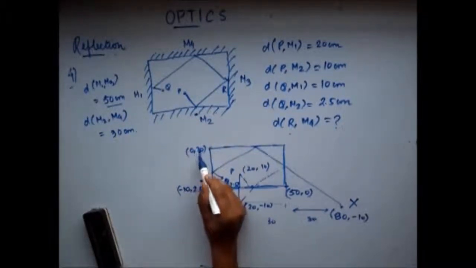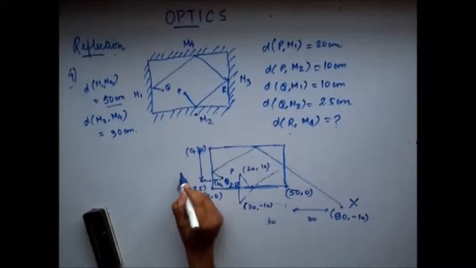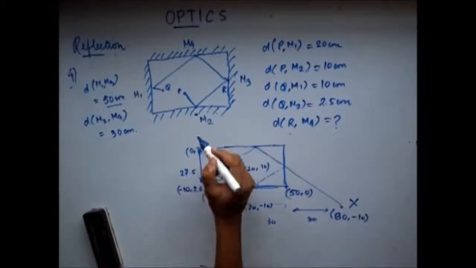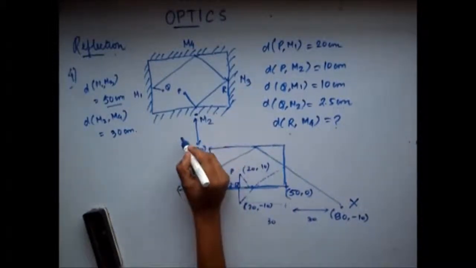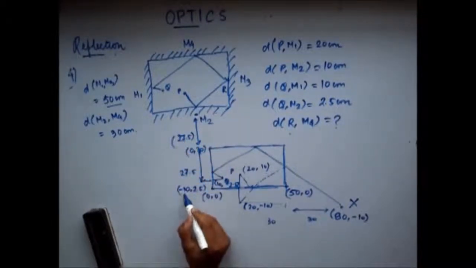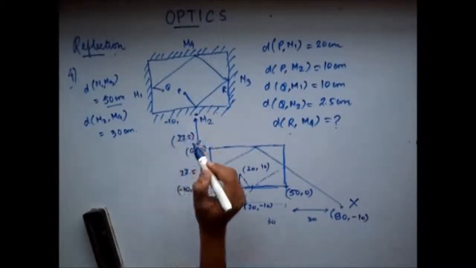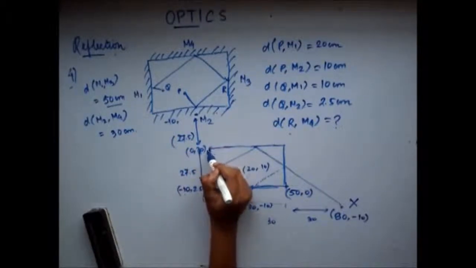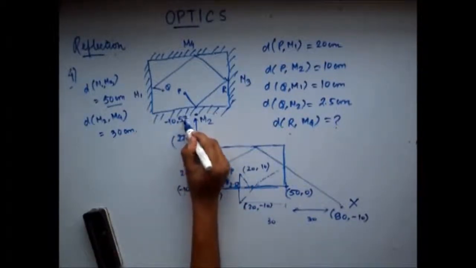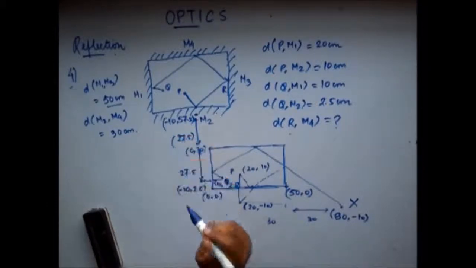Now this distance is 27.5, so this distance will also be 27.5. So this x coordinate will remain the same, minus 10, and the y coordinate will be 27.5 plus 30, that is 57.5.